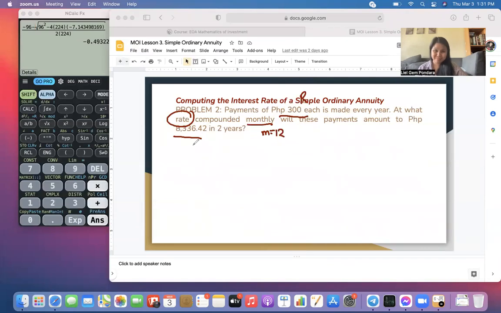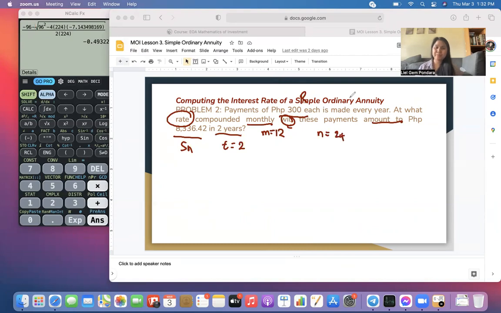What is that? Future value. Very good. The keyword will, amount to. So future tense. In 2 years. What's our T? 2. So what will be our N? 24.